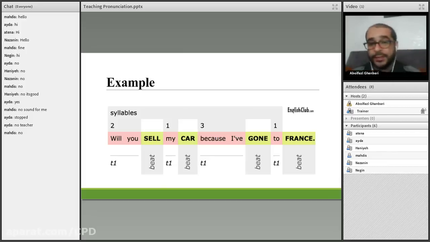Will you say, my car, my car, because we've gone to France, yeah? We should practice with the learners, even part by part. In this way, we can develop the learner's pronunciation.